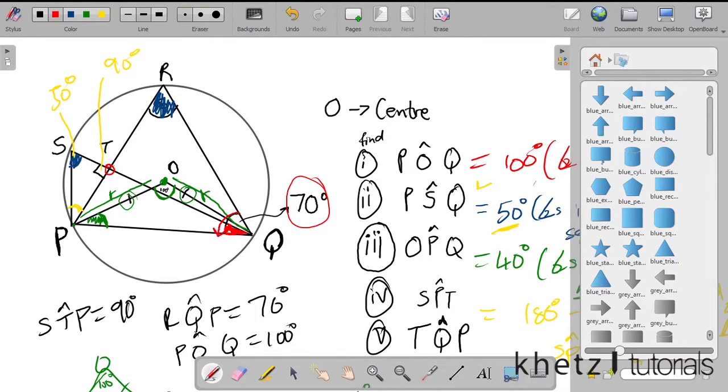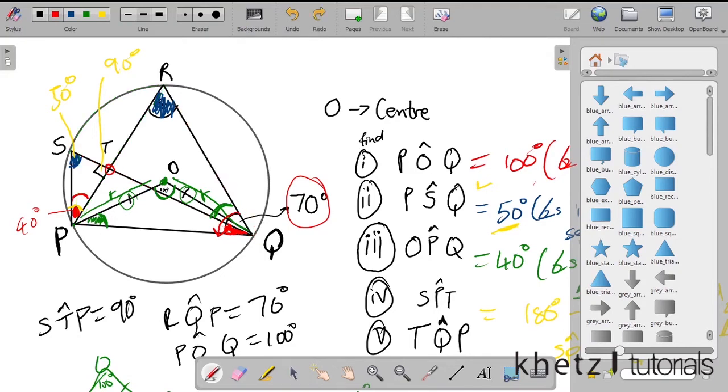And if you look at this angle here, which is SPT, which we just found in the previous question, it's 40. And this 40 is the same as the angle which we have here, because of the angles in the same segment as R. So it subtends that angle there, also subtends this angle there.